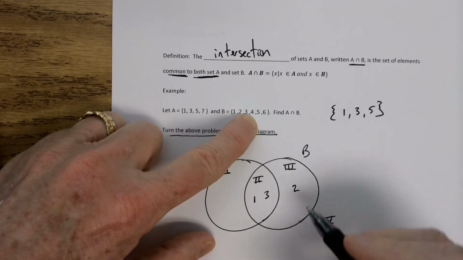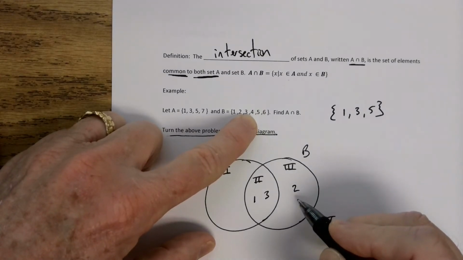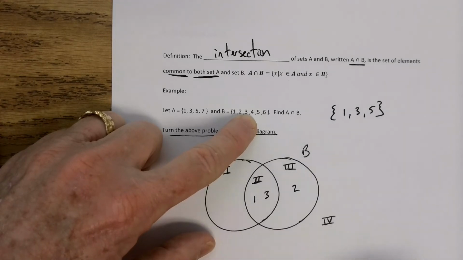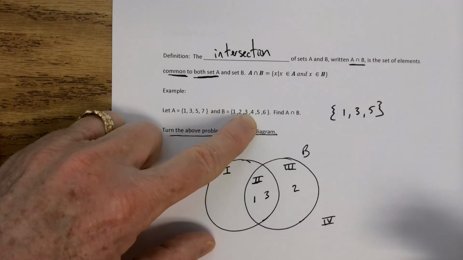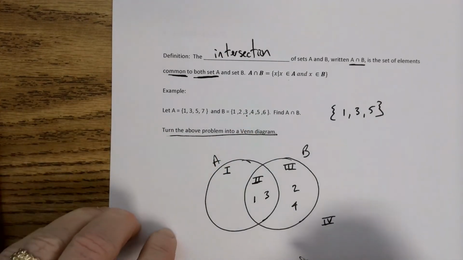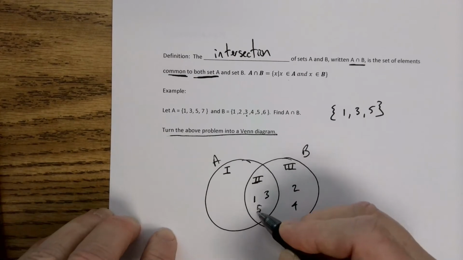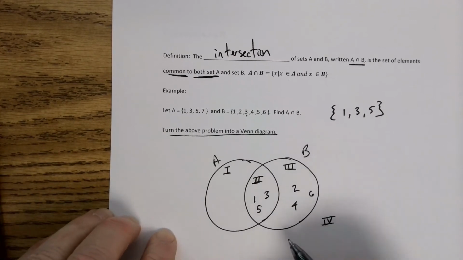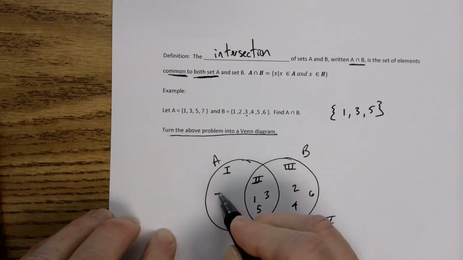Where does 4 go? 4 goes on the right. 5 middle. 6 right. 7 left.